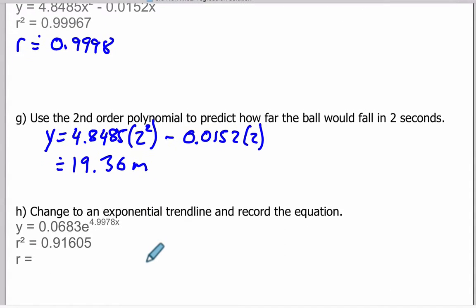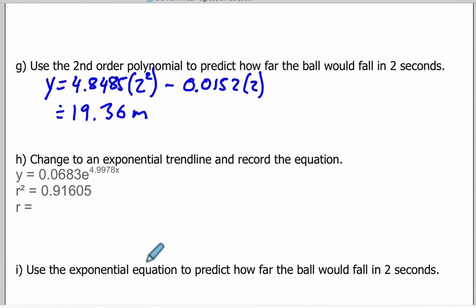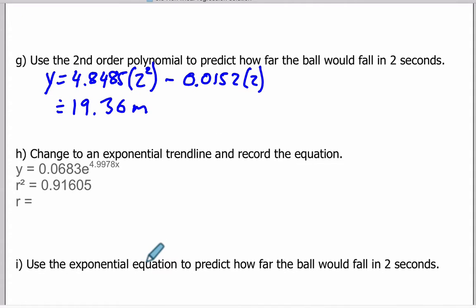Now, when you change the trend line to an exponential trend line, then you end up with a coefficient of determination of 0.91605, which translates into, when you take the square root of that, a correlation coefficient of 0.957, which appears pretty good.